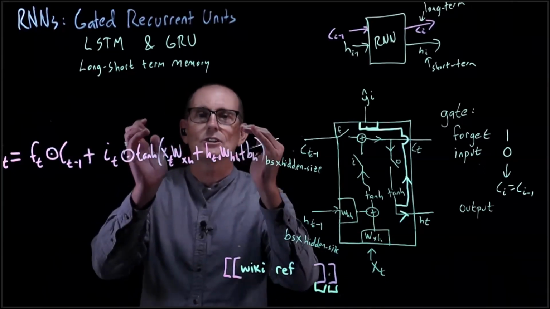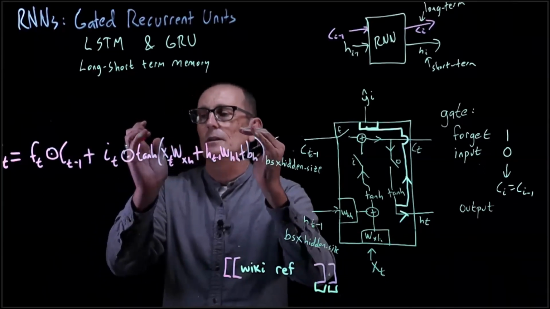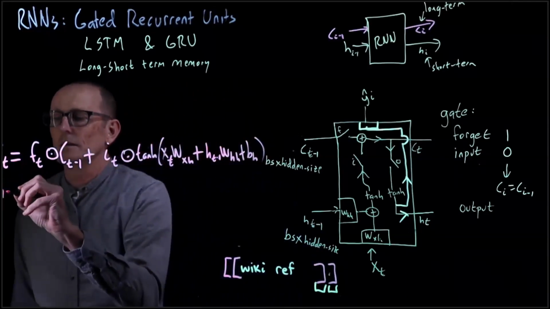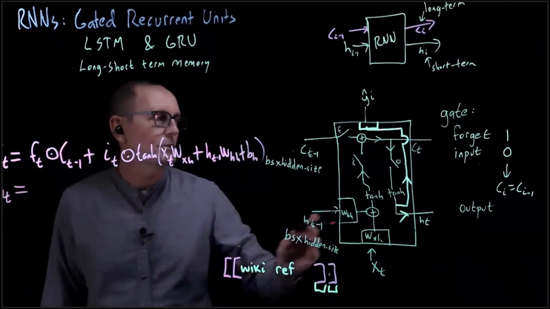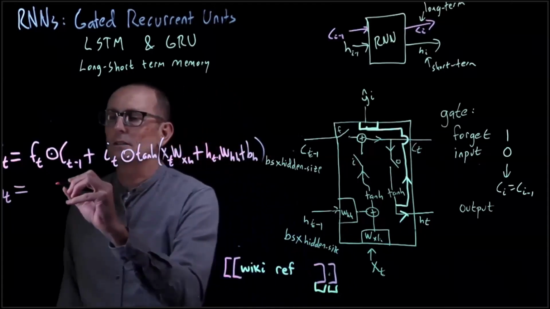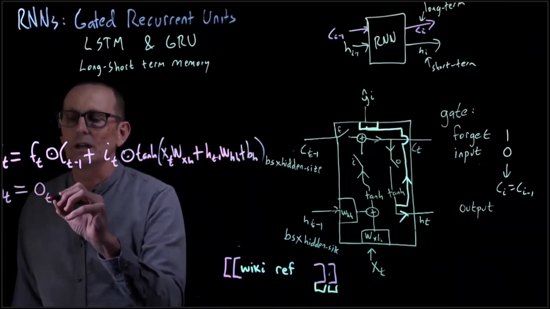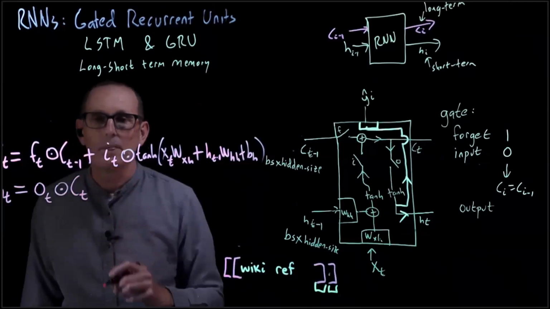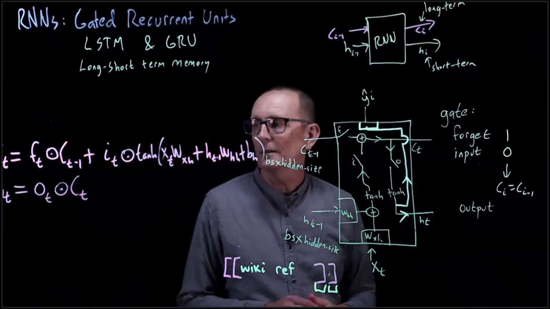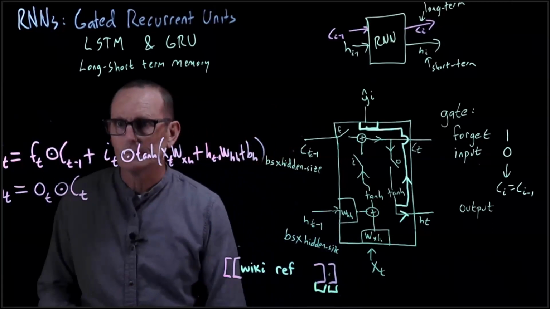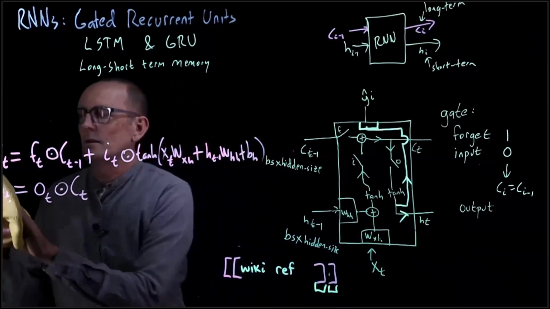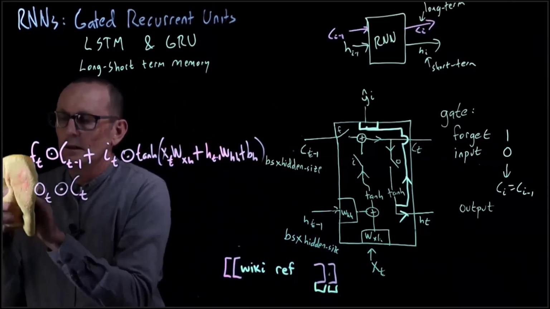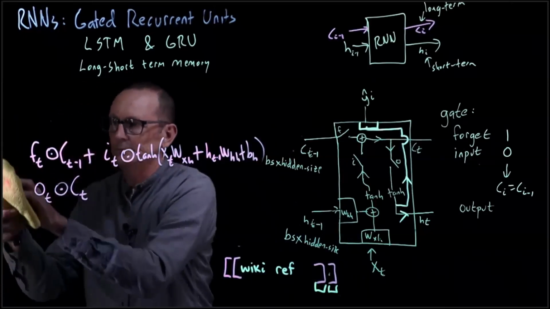This whole computation is something we've done before. And then H sub t equals how much of the C sub t do we want? Whatever our output gate is, Hadamard product with C sub t.